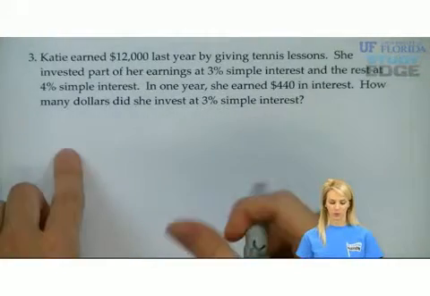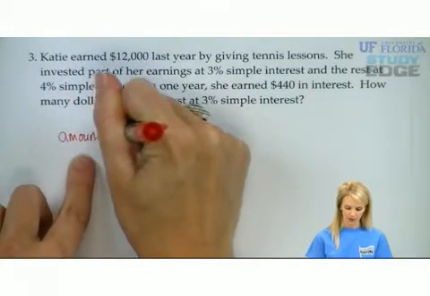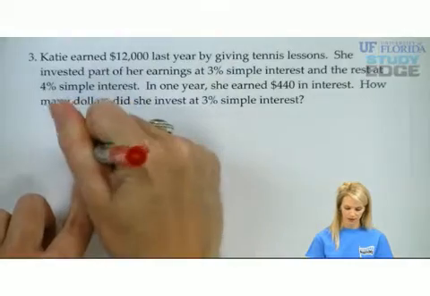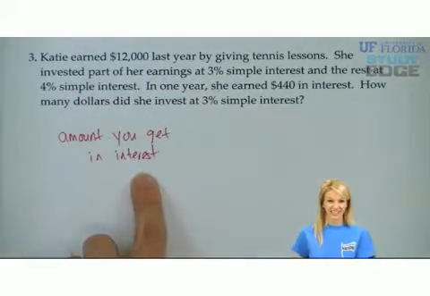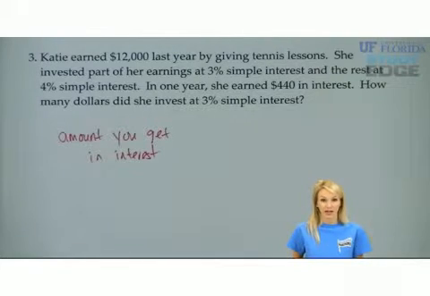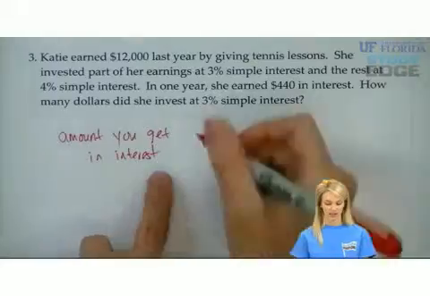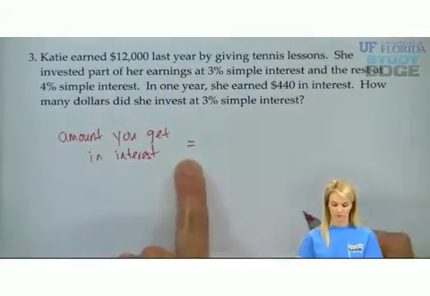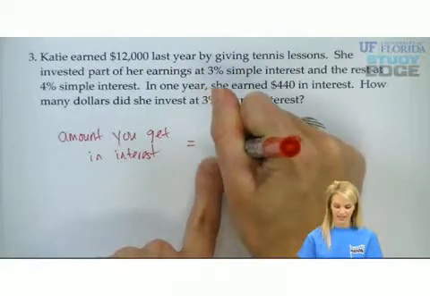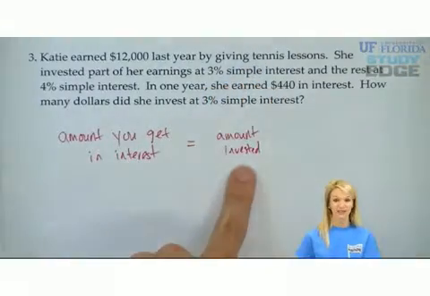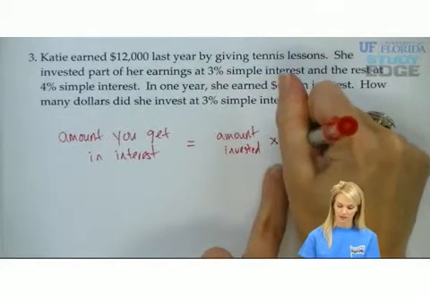So the way that it works, the amount you get in interest, you can think of this kind of like a bonus. This is extra money that you get just by investing. So the amount that you get in interest is equal to the amount invested, so the amount of money that you actually invest, times the interest rate.